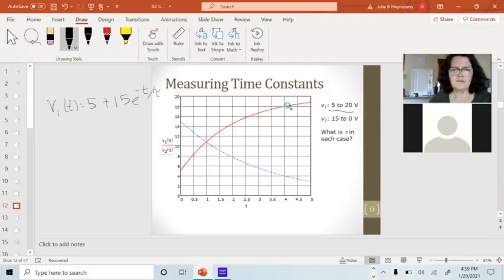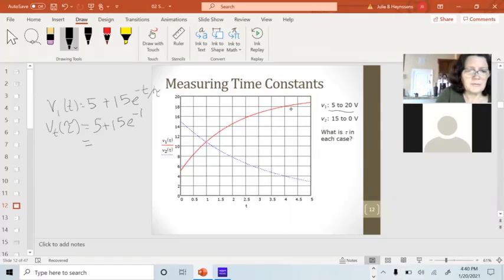If I want to measure tau, I could say, okay, what is V1 at time t equals tau? At time t equals tau, tau over tau is 1. So it will be the answer to whatever 5 plus 15 e to the minus 1 is. I can plug that into my calculator and come up with 10.5 volts.